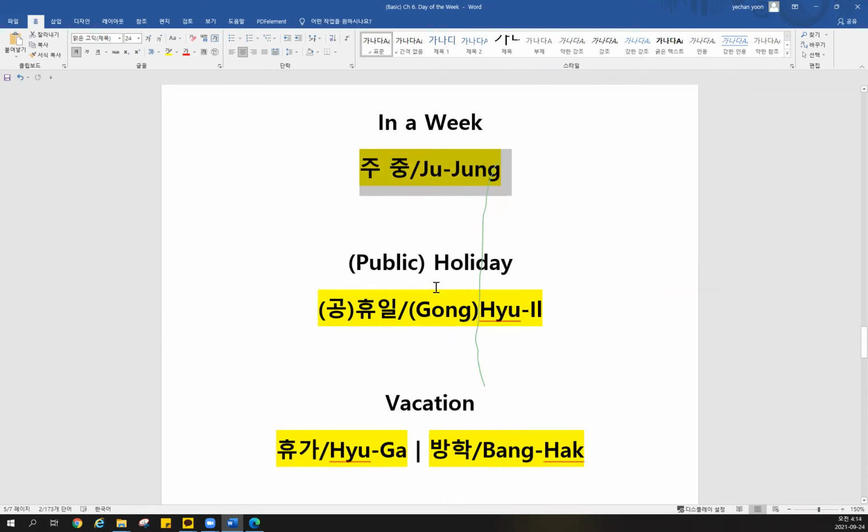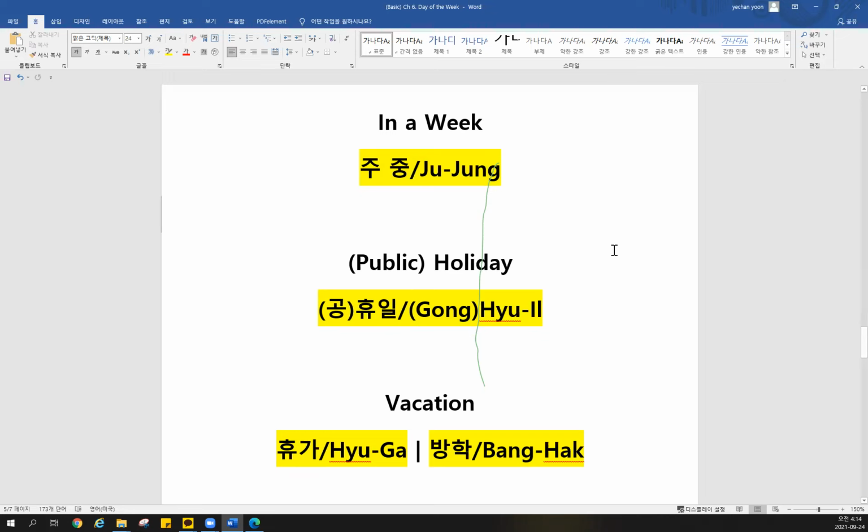And this one is really important, right? Holiday, you can say 휴일. But if you want to say public holiday, you need to put 공 in front of it. Actually, public's real definition is 공공 or 공공의, 공공시설.